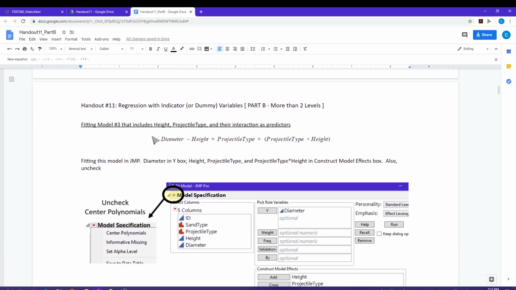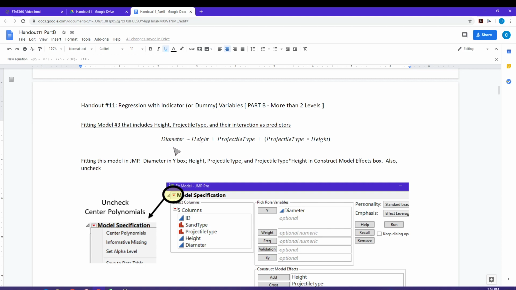Before going much further here, I just want to introduce this syntax for model building or model fitting. This syntax is used in R, and it's more generally an easier way to talk about what you are doing with your model, especially as the models get more complicated. It's a shorthand notation for this model.